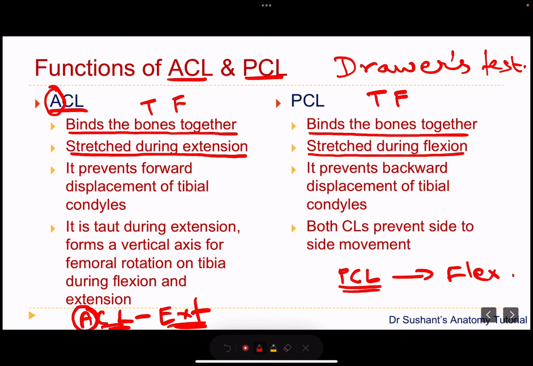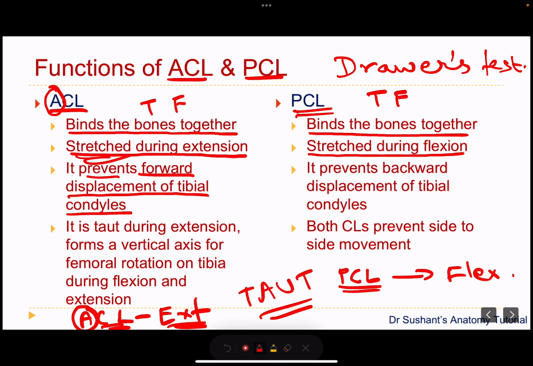So anterior cruciate ligament is taut during extension. Taut means it is stretched. Posterior cruciate ligament is taut during flexion. Now, the anterior cruciate ligament prevents forward displacement of the tibial condyles, whereas the posterior prevents the backwards displacement of the tibial condyles.